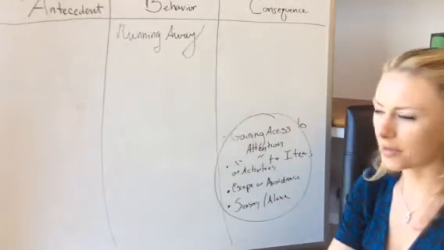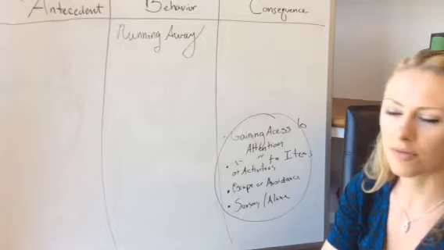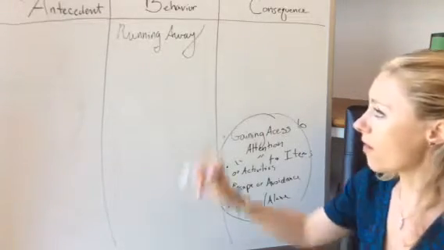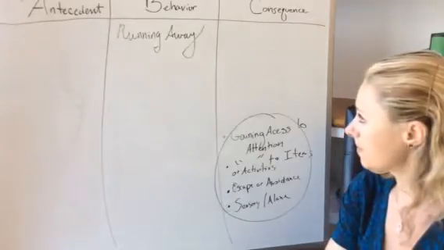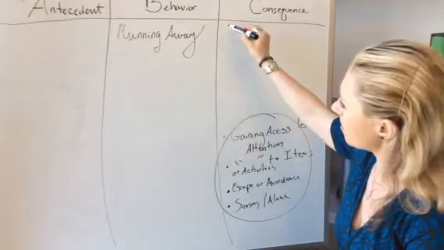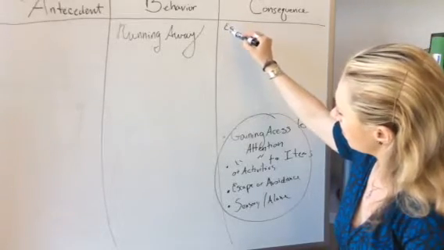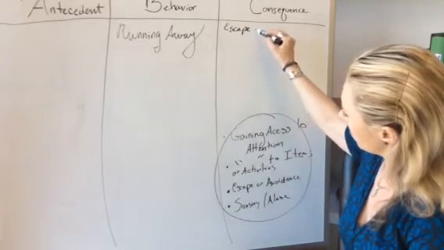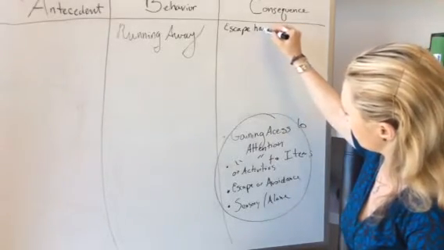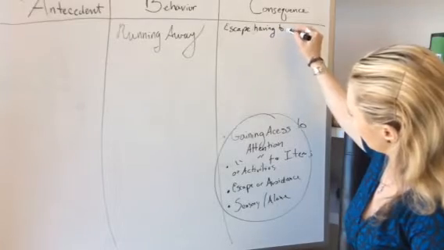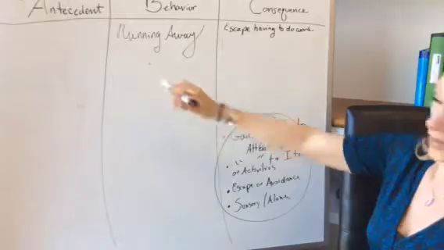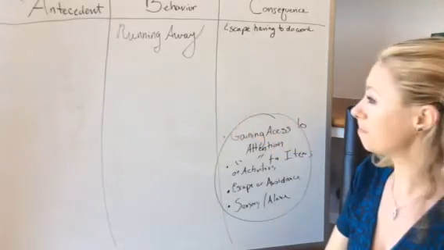So when we make hypotheses about exactly why a behavior is occurring, we'll say it's hypothesized that the behavior of running away, for example, if when running away they escape having to do work, so in here our antecedent would probably be what?